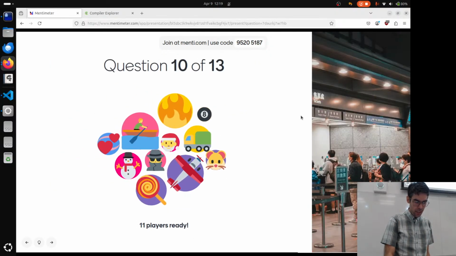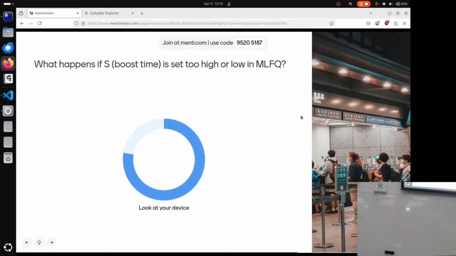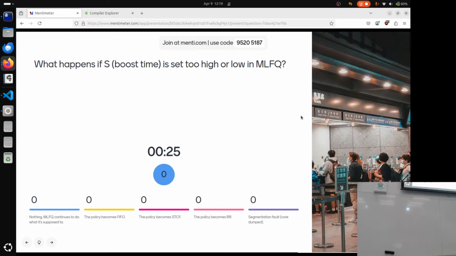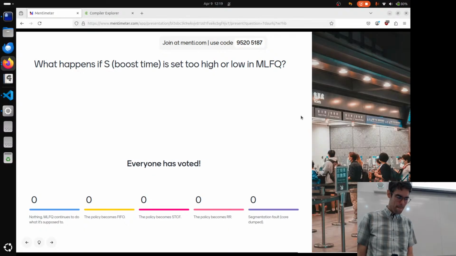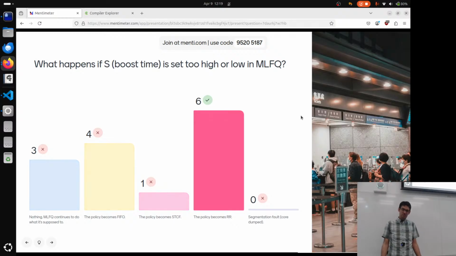Here's our next question. It is related to that. These are all basically the rules, but I don't care if this is rule number 4 or rule number 5. It's the same thing.